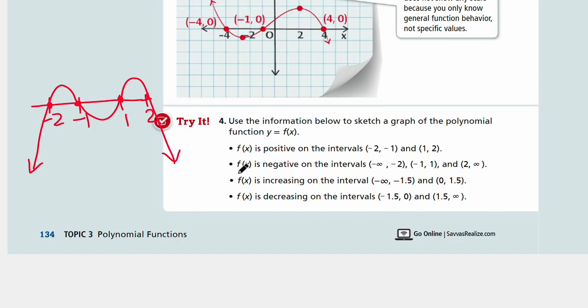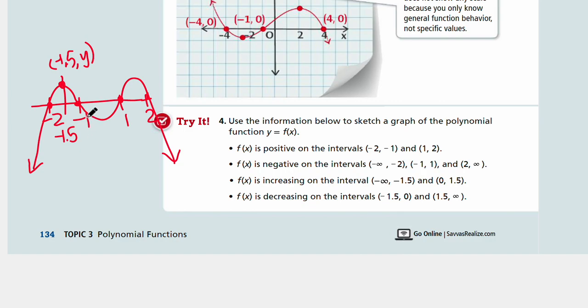Now we want to see where it's increasing or decreasing so that we know where the turning points are. It's increasing from negative infinity to negative 1.5. So it's going up from negative infinity until negative 1.5, and this turning point is at negative 1.5 comma y.